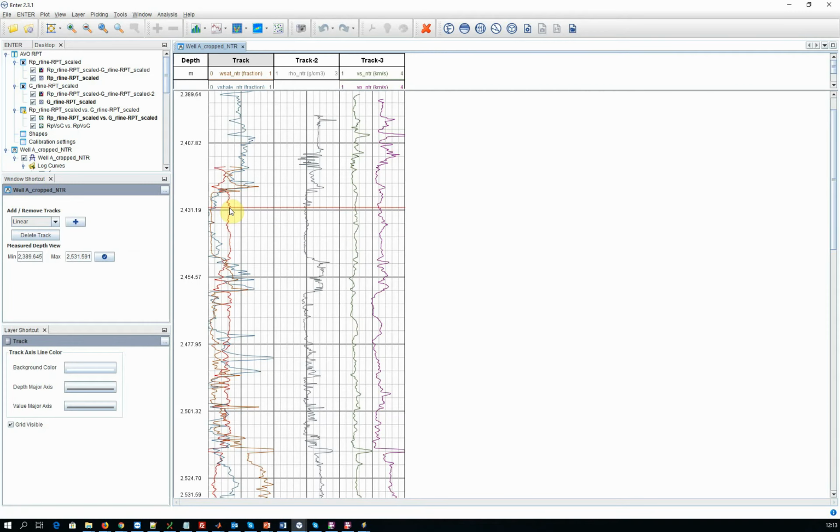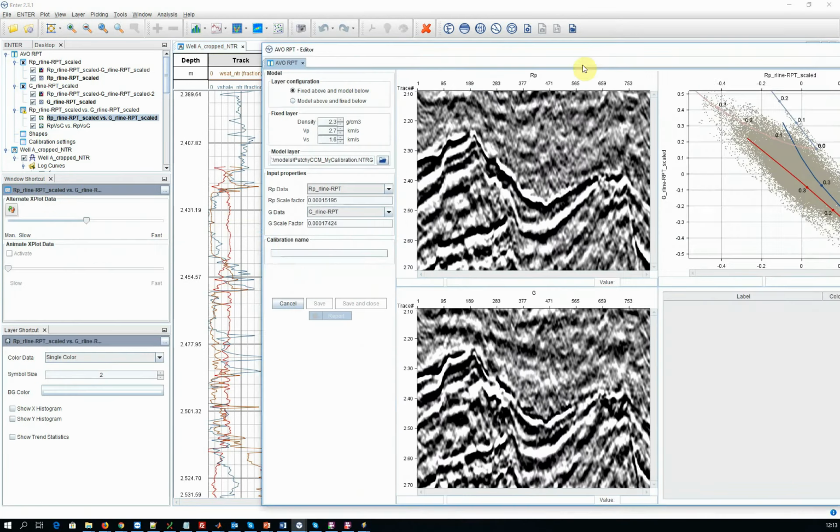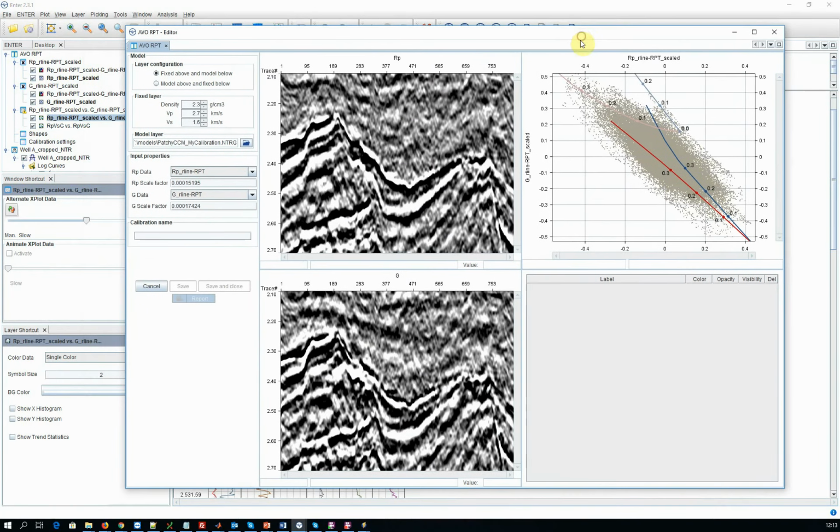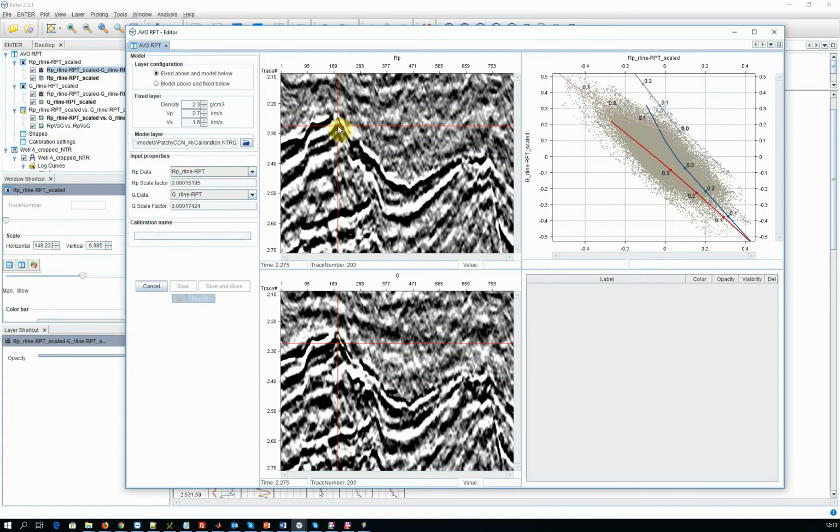And we can investigate a little bit what type of properties we can expect to see in the reservoir as far as the porosity, the volume fraction of shale, and the saturation. So what we will try to do is to use the AVO RPT to mimic those values when investigating the data in the area where the well log penetrates.